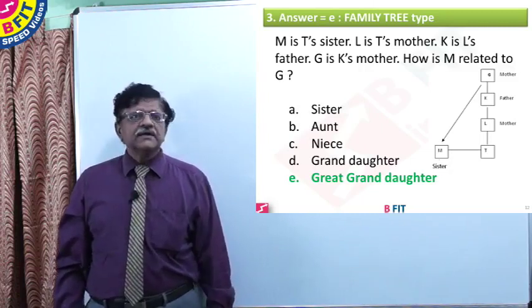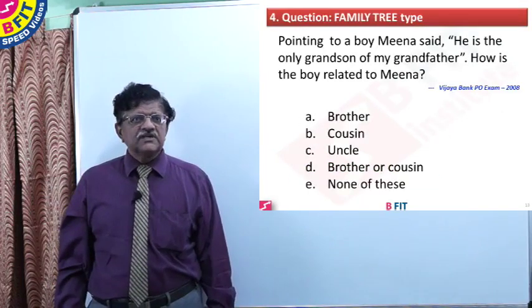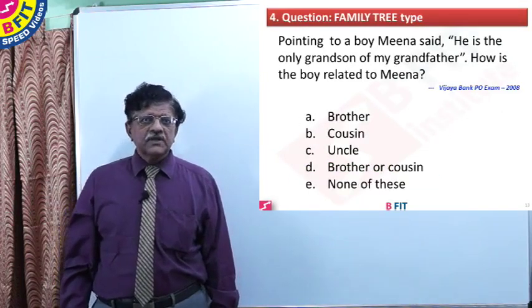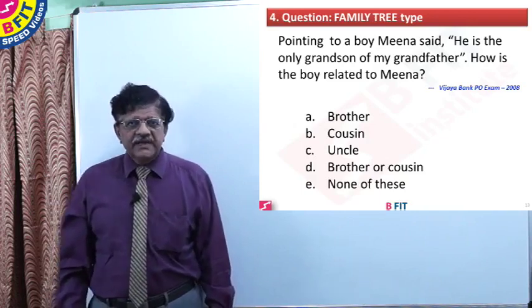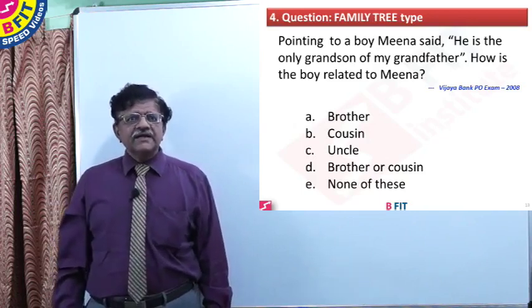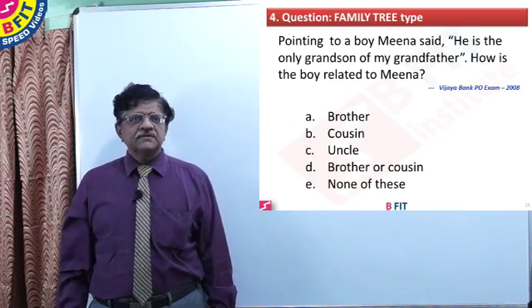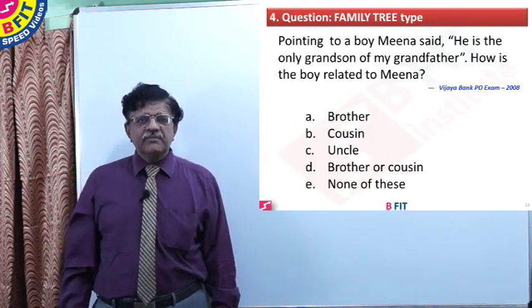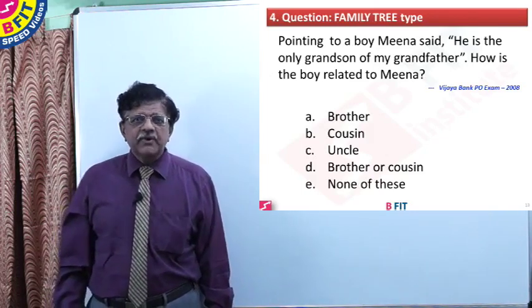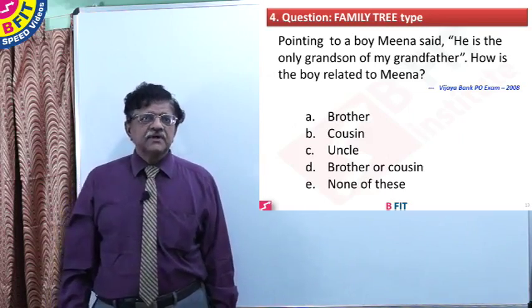Now let us look at the next question. Question number 4. Pointing to a boy, Meena said, "He is the only grandson of my grandfather." How is the boy related to Meena? This is again Vijaya Bank PO exam 2008.